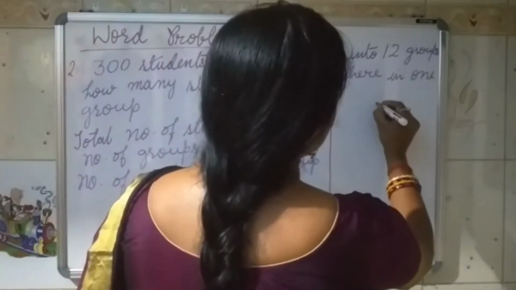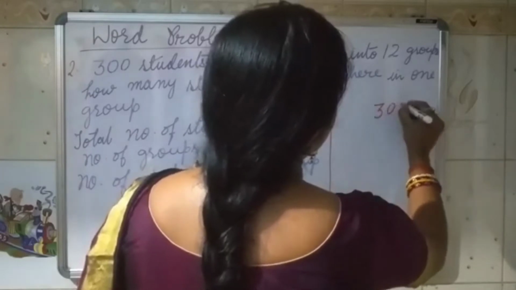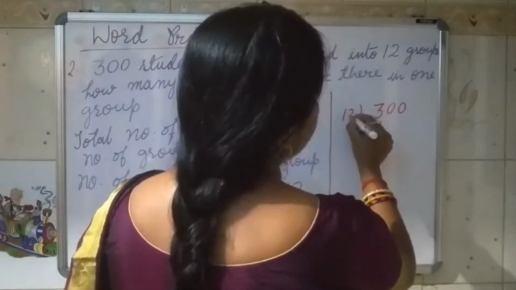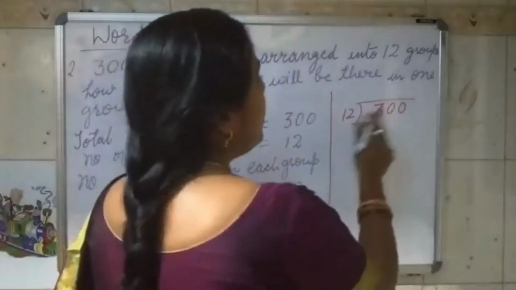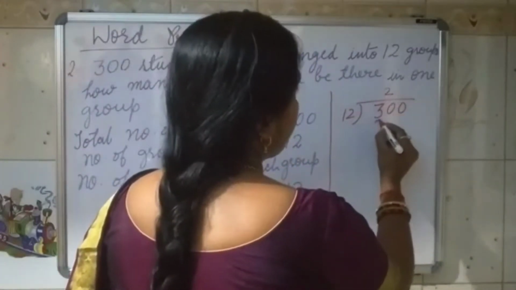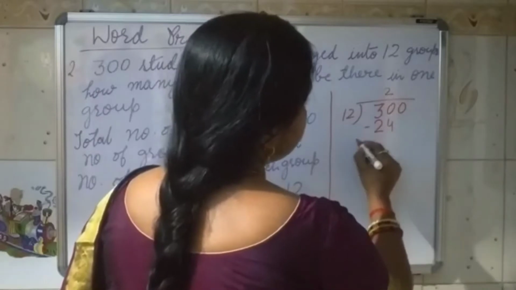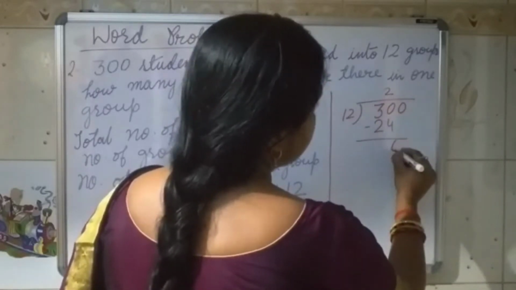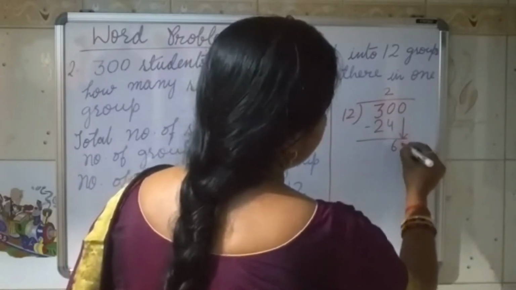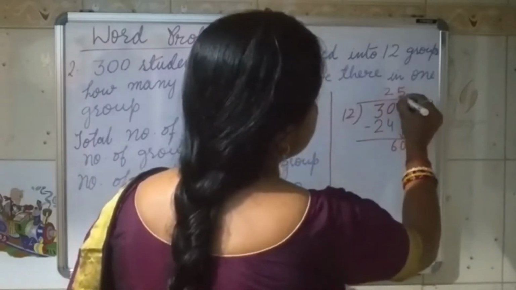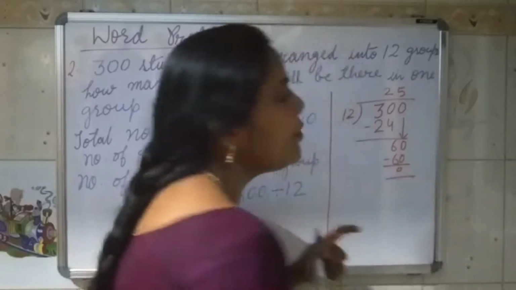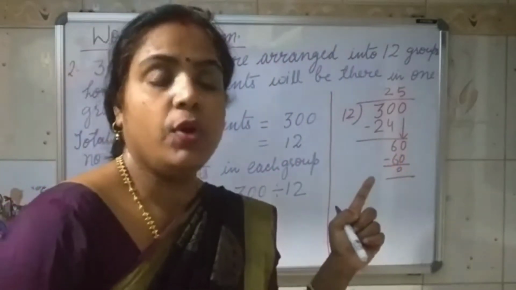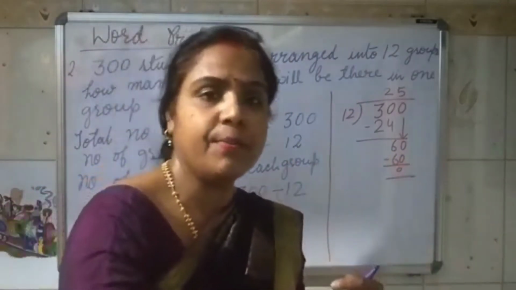Now 300 divided by 12. You know the table of 12. So we go for 12 2s are 24. Subtract: 30 minus 24 is 6. This 0 will come down. 12 5s are 60. You have seen, children, if you know the table, how easy it is to do. You don't have to go for a different number.